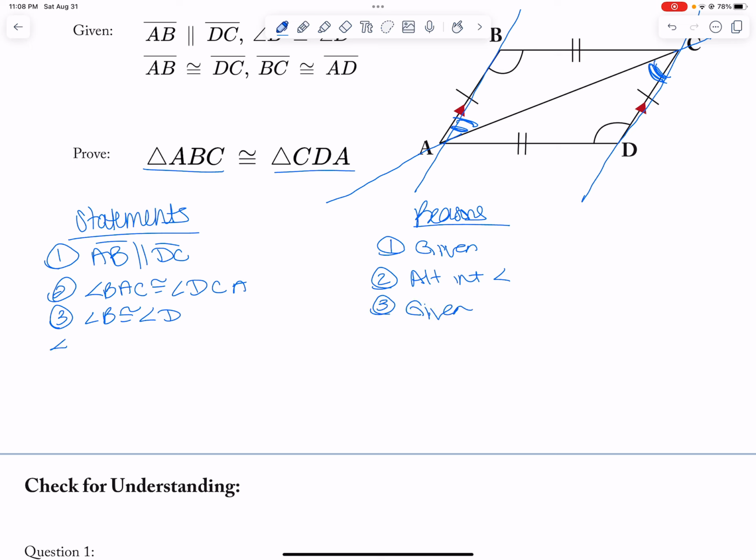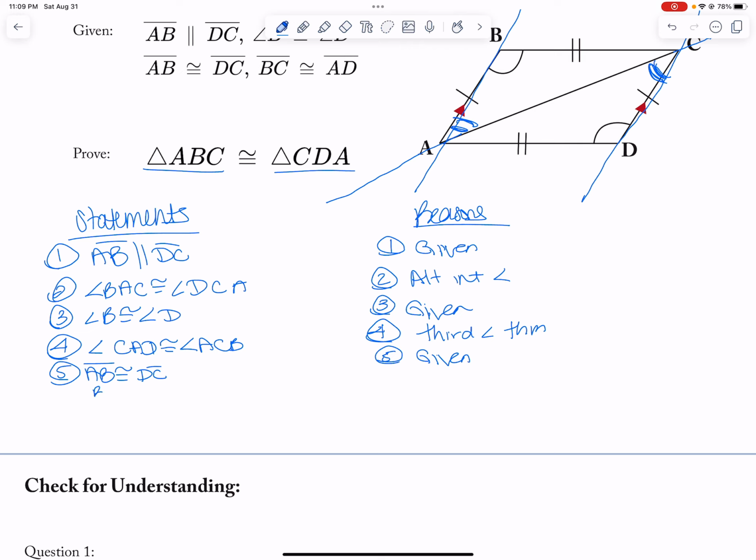By the third angles theorem, angle CAD is congruent to angle ACB, third angles theorem. And then AB is congruent to DC, which is given.